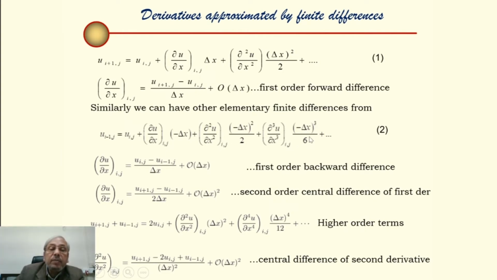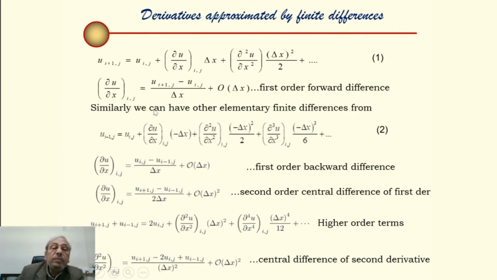So alternate terms will be positive and negative, we can see. From here del u/del x we can write as (u_ij minus u_i-1,j) by delta x. And again the highest order term of the truncated series is of the order of delta x. So we can call this first order backward difference or rearward difference scheme.